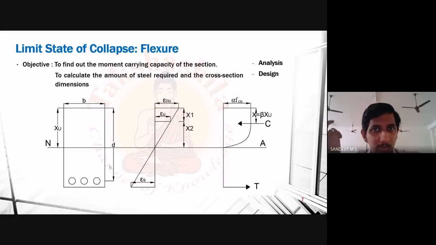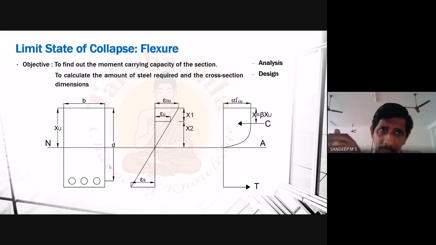We have to check the moment carrying capacity, that is, how much moment this section can take. Failure in flexure means the section fails to carry the moment acting on the structure, right? So in the analysis type of problem, we find out the moment carrying capacity of the section.